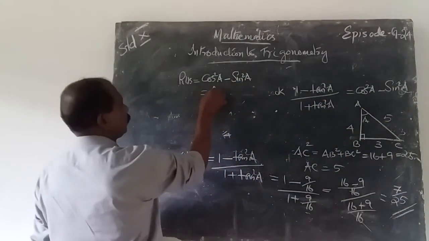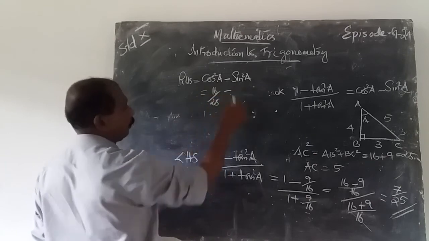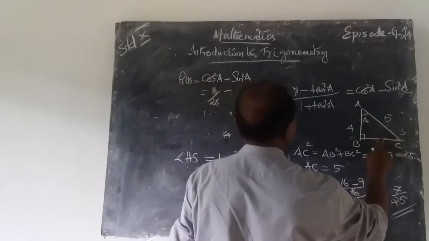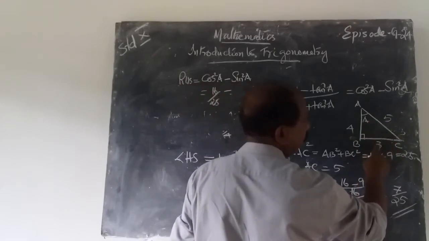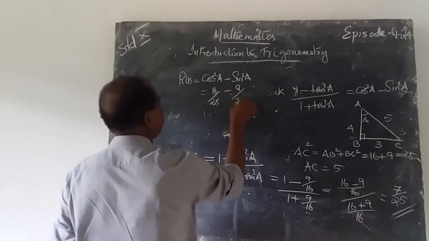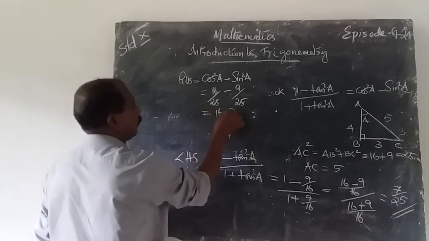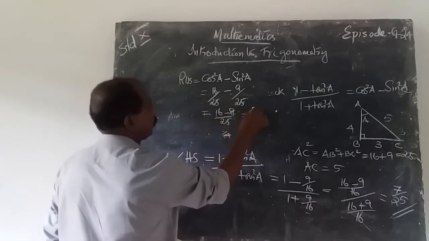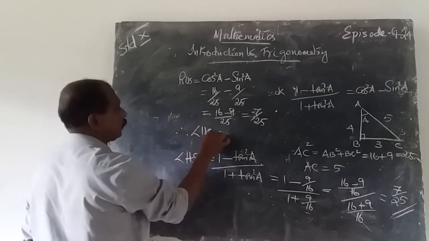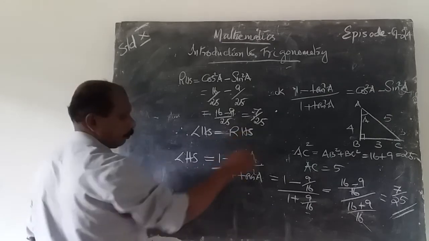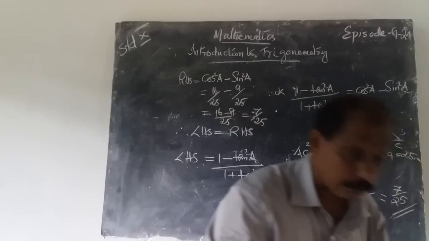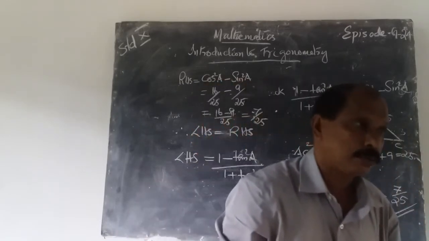Square is 16 by 25 minus sin square A, 3 square, that is 9 by 25. That is equal to 16 minus 9 by 25 is equal to 7 by 25. Therefore, LHS is equal to RHS. That means the result is always true. That is, LHS and RHS are equal, therefore the result is true. Otherwise the result is not.